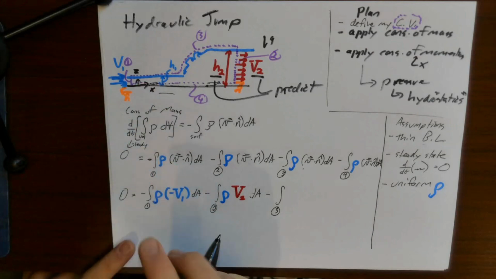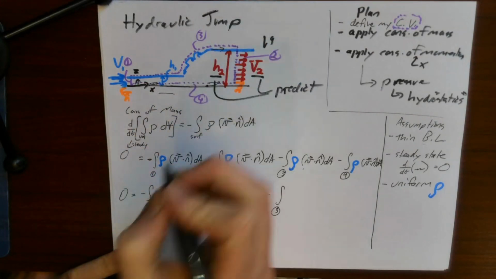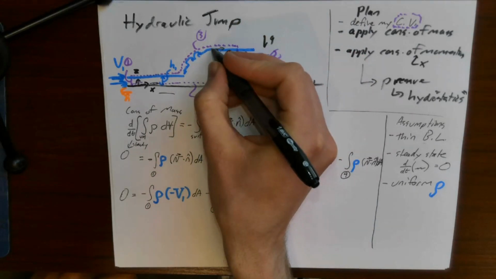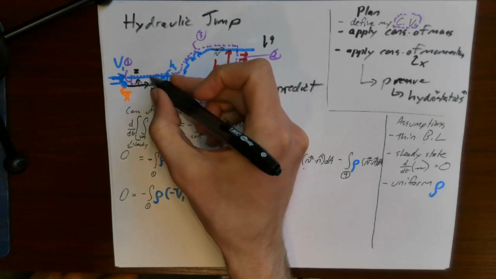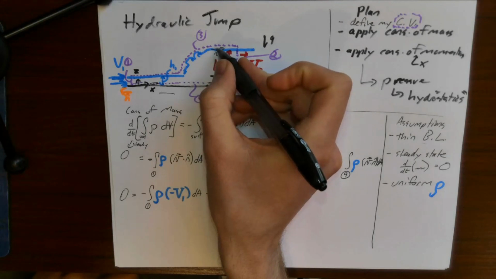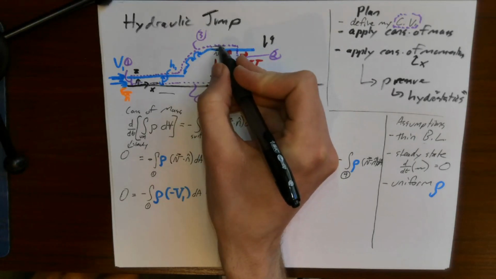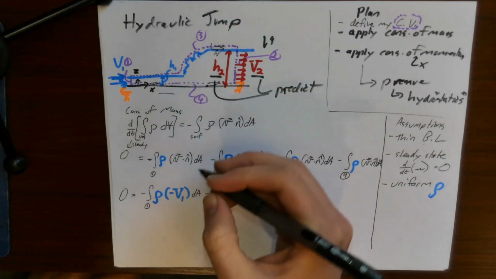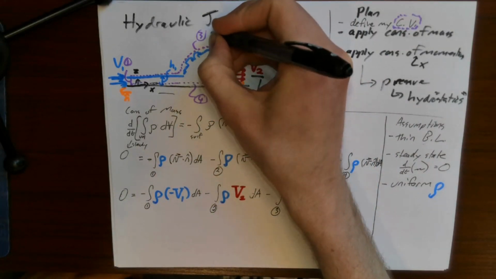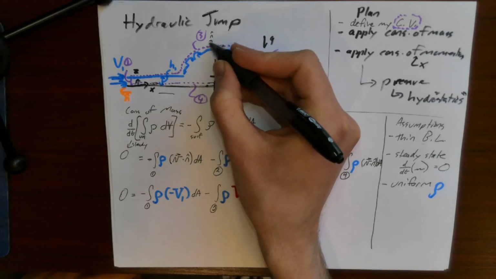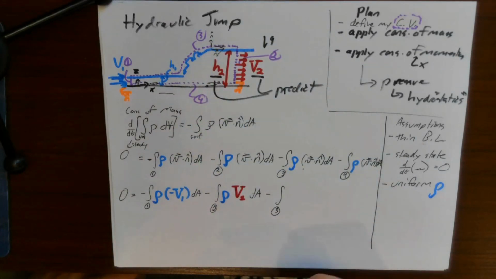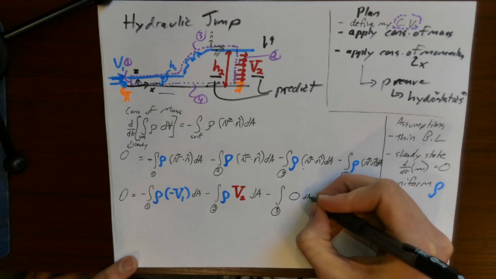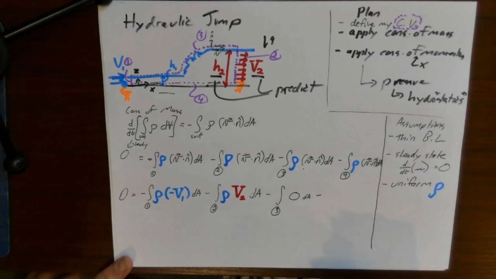All right, now I have my integral over surface 3. If I think about my surface 3, the velocity at any point on surface 3 is going to be pointing along the surface, right? We defined this part of the control surface to be coincident, so velocity must be going along the surface. If velocity were going against the surface, then the surface would be bulging out. But n is pointing like this. If these two things are perpendicular, then their dot product is going to be 0. So we basically get 0 in this third term.